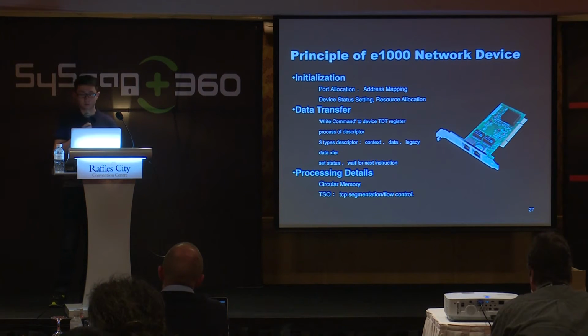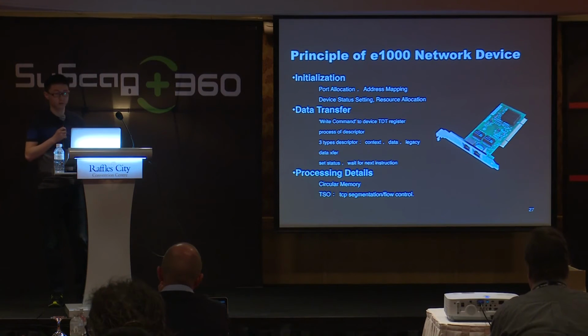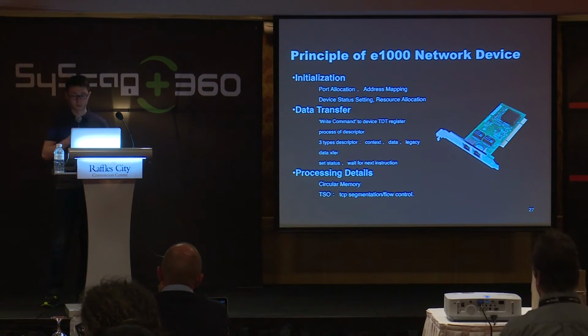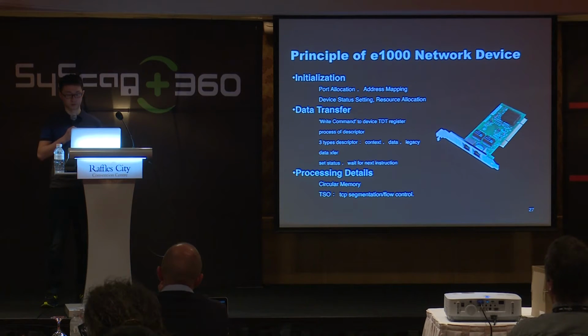According to the descriptor location and content, the gigabit network card will extract the network packet info and send it to the virtual device adapter. After which, the TDT register will be set to false. After that, the whole data packet transmission process is finished.